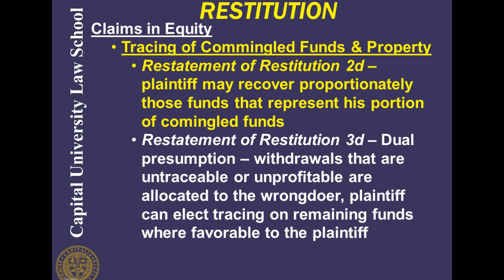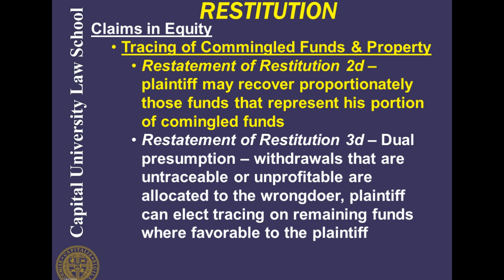Now, the fifth and final rule was just created fairly recently with the Restatement of Restitution Third. This rule creates a dual presumption. Withdrawals that are untraceable or unprofitable are allocated to the wrongdoer. So when you can't figure out what's happening, or where they're unprofitable, he's wasted away, those can be attributed to generally the wrongdoer, which is usually the defendant.